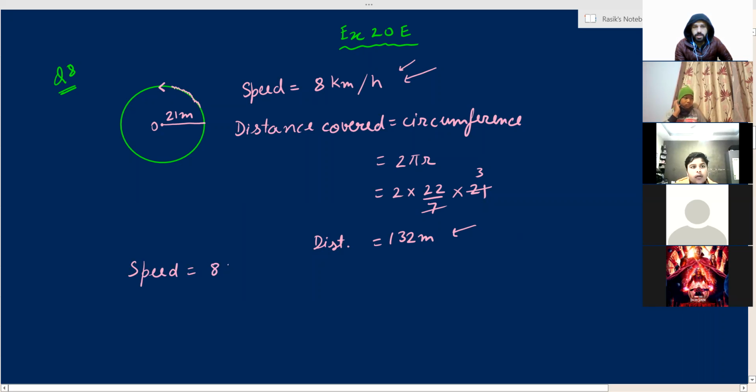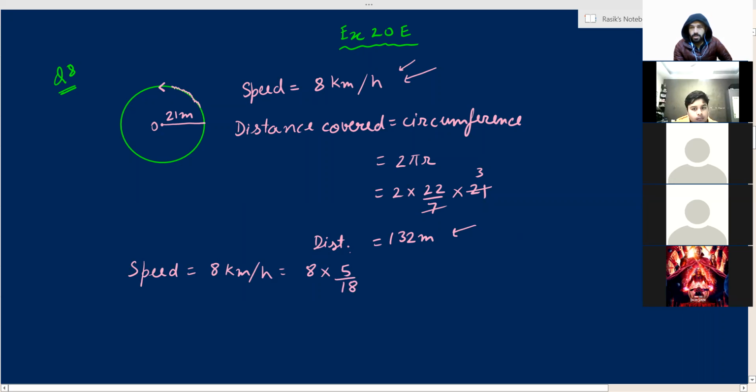How do you change speed from kilometers per hour to meter per second? So this was 8 kilometers per hour. We will multiply 8 by 5 upon 18. To change from kilometer per hour to meter per second, you multiply by 5 upon 18.